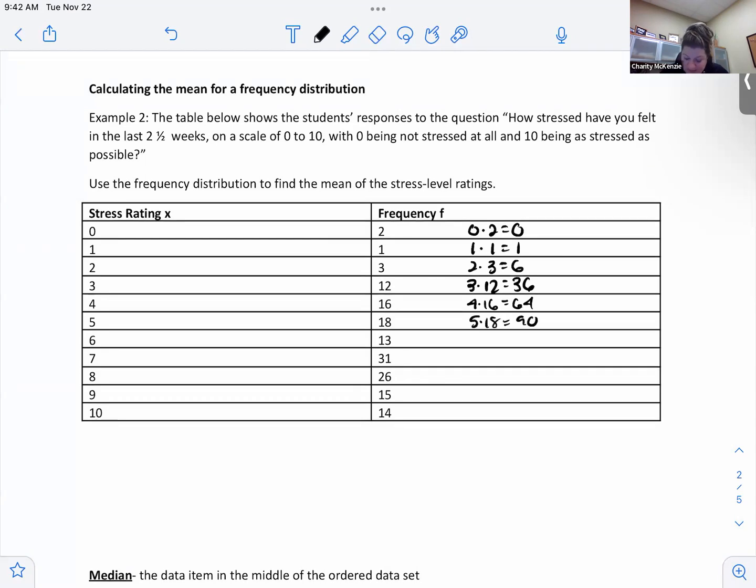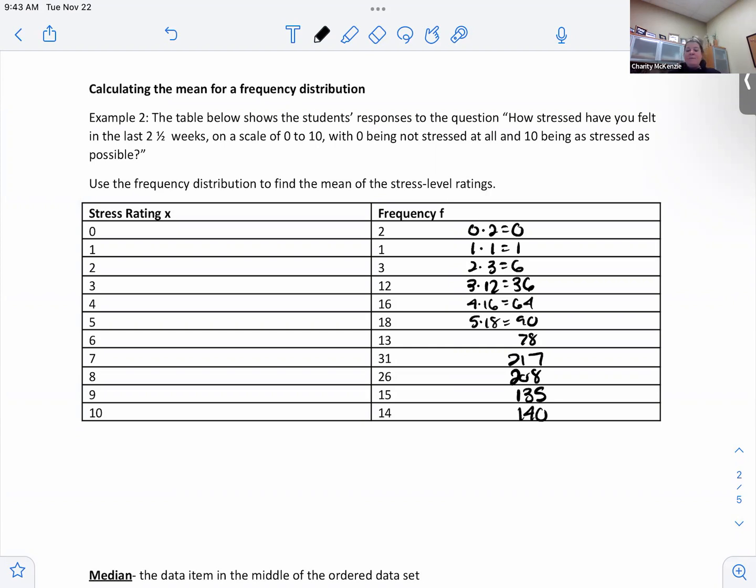You could pause and do this if you want. So 6 times 13 is 78. And 7 times 31 is 217. And 26 times 8 is 208. And 15 times 9 is 135. And 14 times 10 is 140.